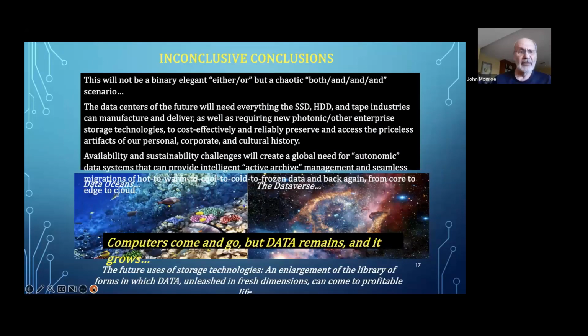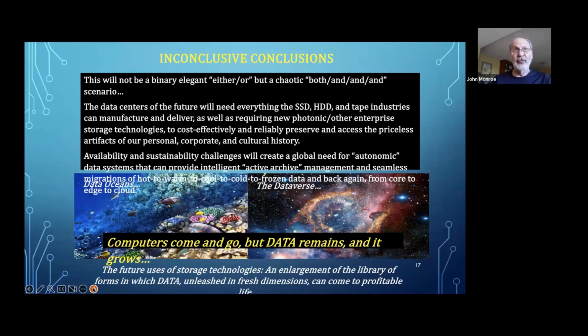So, first of the inconclusive conclusions, this is not going to be a binary, elegant, either-or scenario. It's not going to be all hot or all cold. There will be, I believe, fine delineations in between there. It's not going to be either-or, binary 0, 1, but both-and.